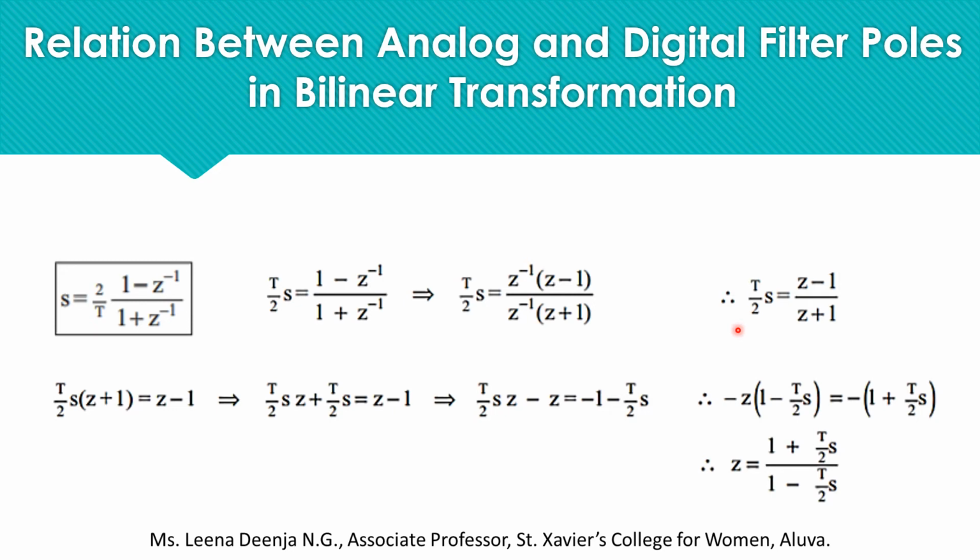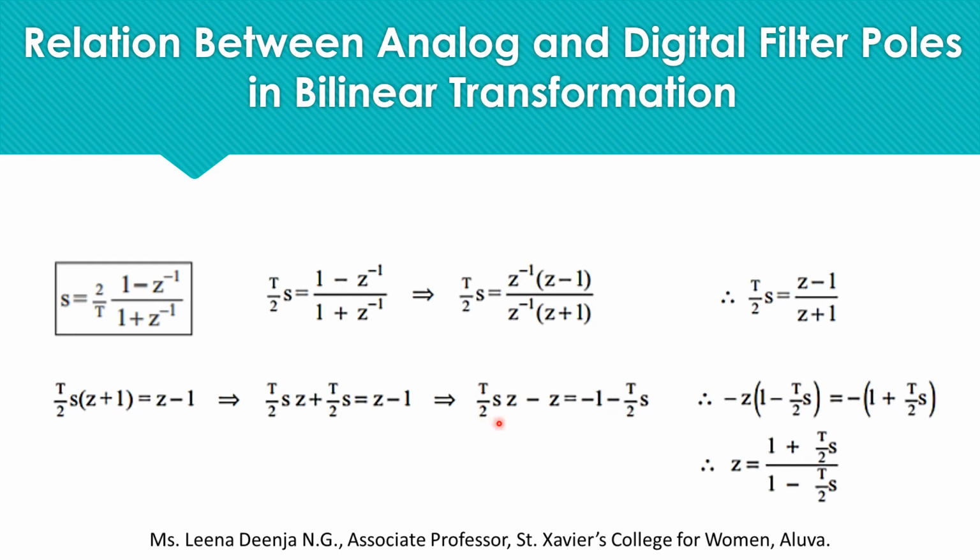Therefore, T by 2 s equal to (z minus 1) by (z plus 1). Then cross multiplying, we get T by 2 into s times (z plus 1) equal to z minus 1. That is T by 2 sz plus T by 2 s equal to z minus 1.